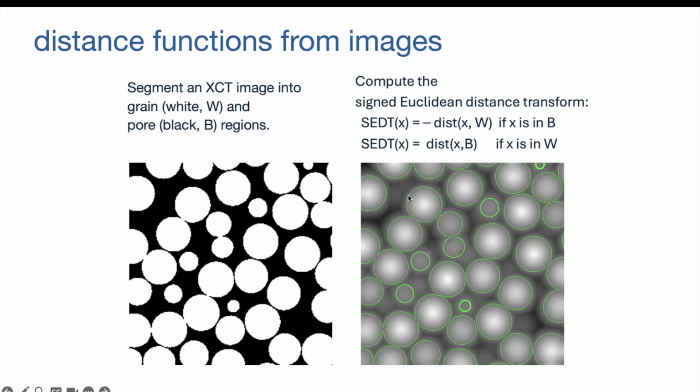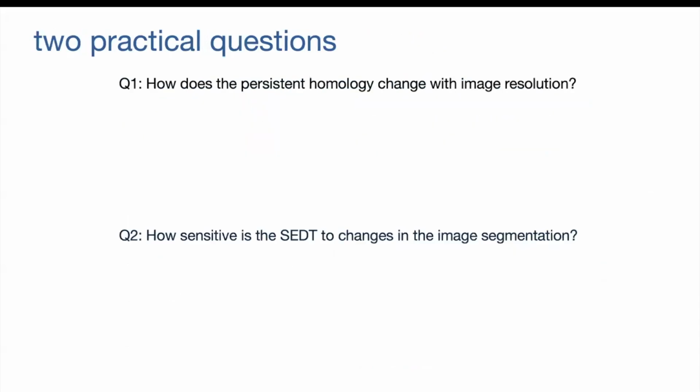And then I make the distances negative in one phase and positive in the other, right? And so when I do a lower star filtration on this distance transform, I get a really nice summary of both the geometric features in the pore space and also in the grain phase, the solid phase, okay? So it's a very nice tool, but how stable is it, right?